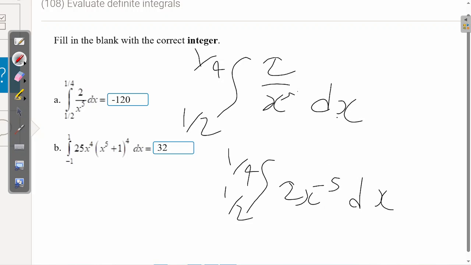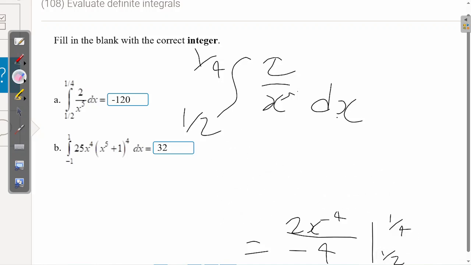Now we can integrate, so it will be equal to 2x power negative 4 over negative 4 from 1 over 2 to 1 over 4. Now 2 over negative 4 will be equal to negative half. So let's write negative half times x power negative 4. And x power negative 4, we can bring it to the denominator, so it will be negative 1 over 2x power 4.